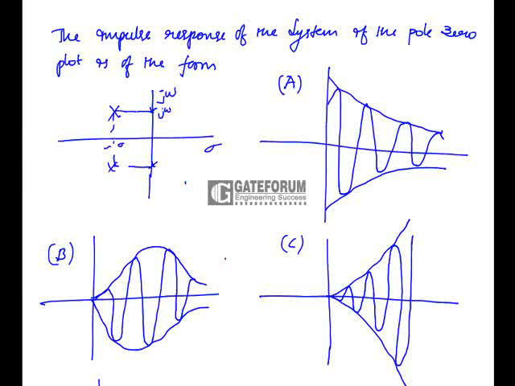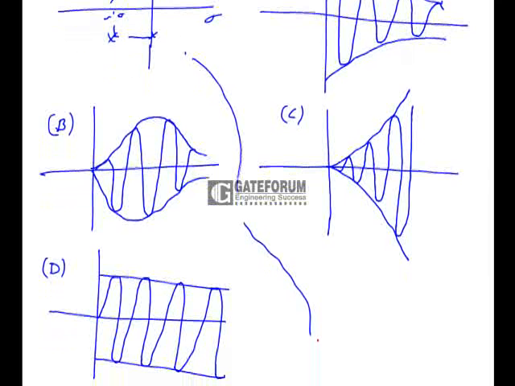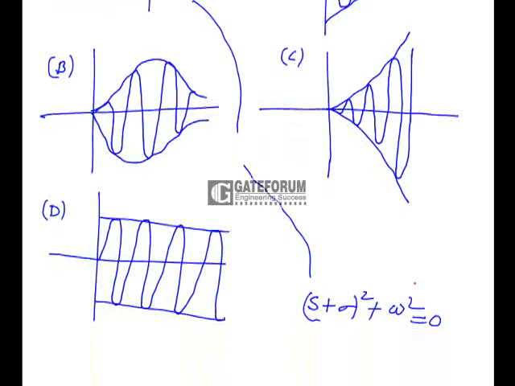So what can I write as the expression? These are imaginary poles having a real part. So I can write this as s plus sigma whole square plus omega square is equal to 0. These are the poles we are having.